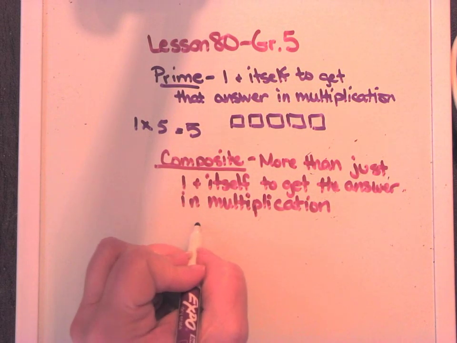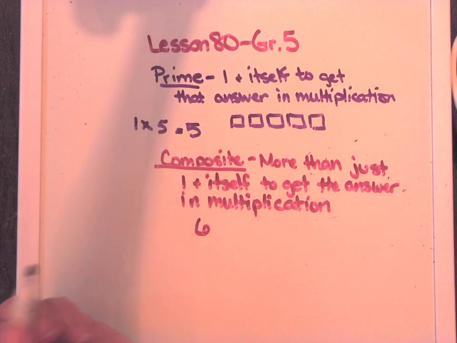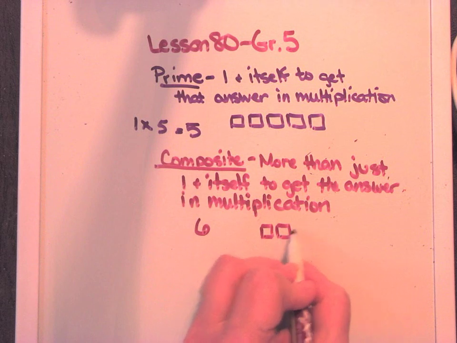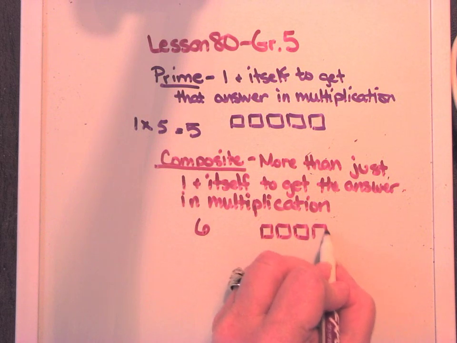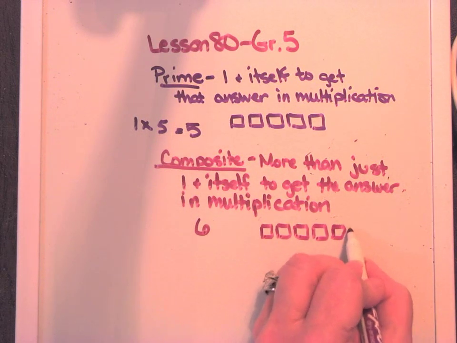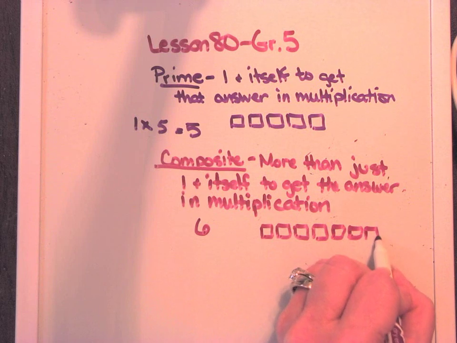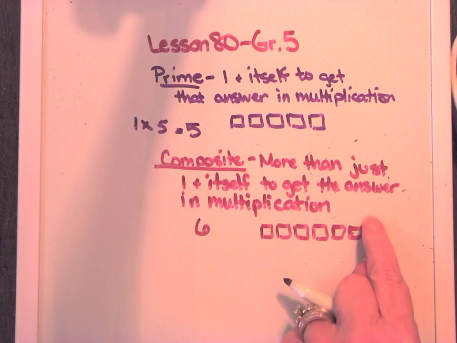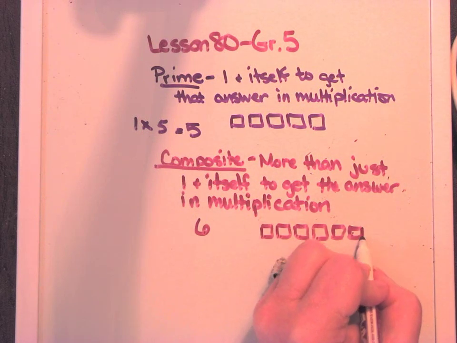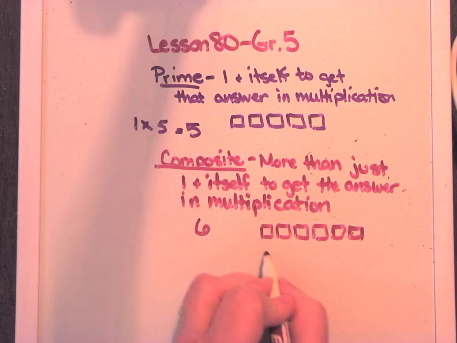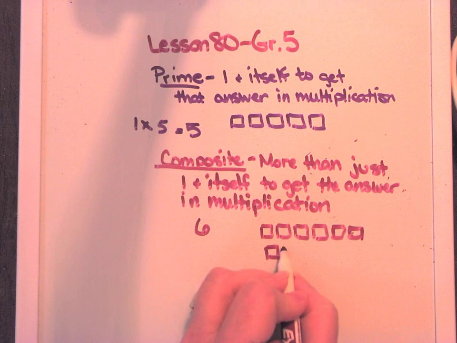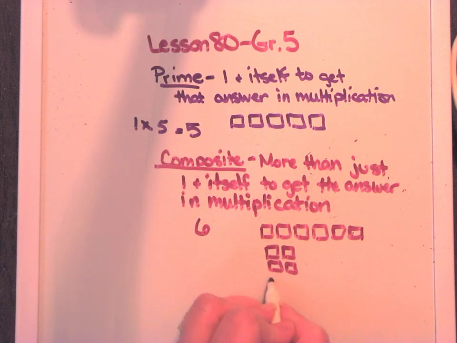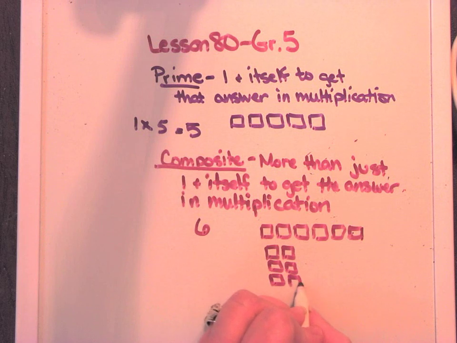So let's say I have the number 6. The number 6, I could put 6 in a row. Okay, 1, 2, 3, 4, 5, 6, 7. Nope, we just want 6. Okay, 6 in a row. Or I can do this by 2s, 2 in each row. 2, 4, 6.